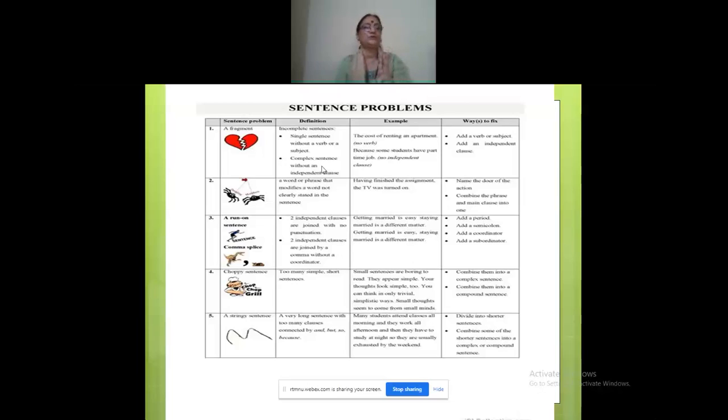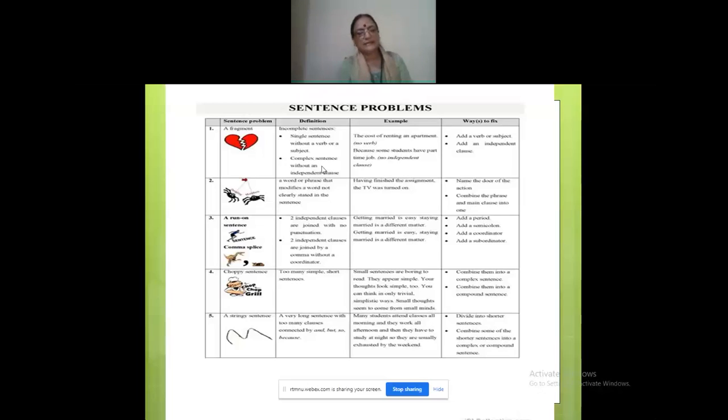So there are two situations: where the verb or subject may be missing, and where the dependent clause may be just mentioned. What is the remedy? You will add a verb or subject, and the second is you will add an independent clause. These are the two situations and the two remedies for such problematic situations.